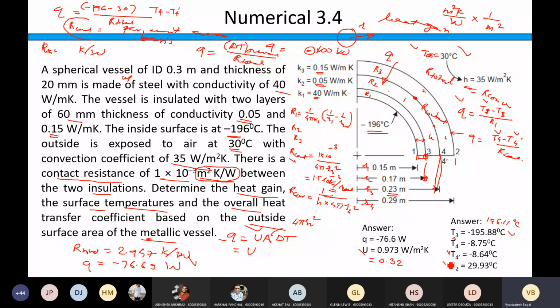So what we learned up till now is how to analyze the situation for a plane slab, hollow cylinder, hollow sphere. Then how to analyze the case of composite slab, composite cylinder, and composite sphere. How to find out the rate of heat transfer, the overall heat transfer coefficient, and the interface temperatures, right? All that stuff we have finished.